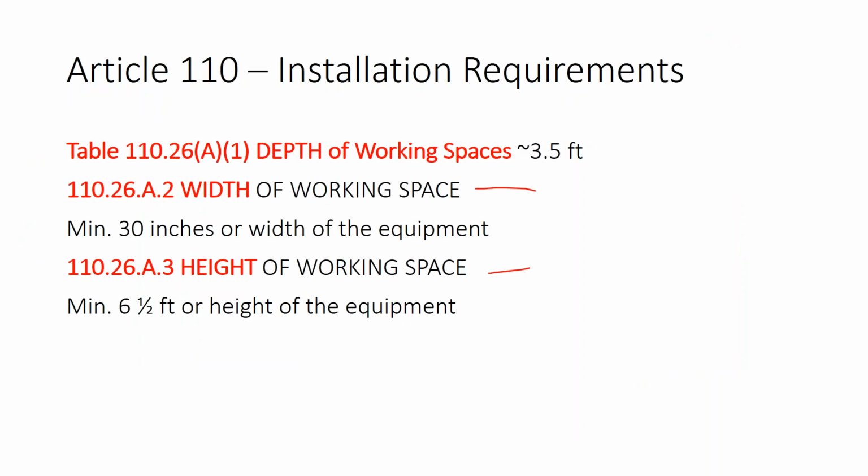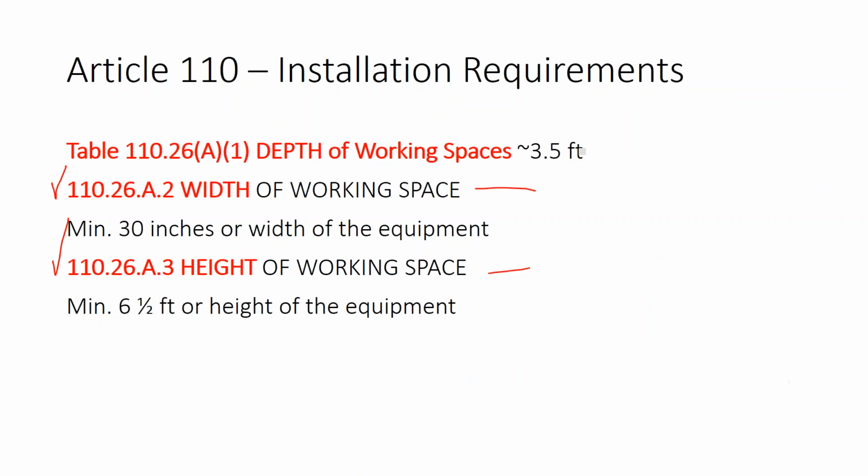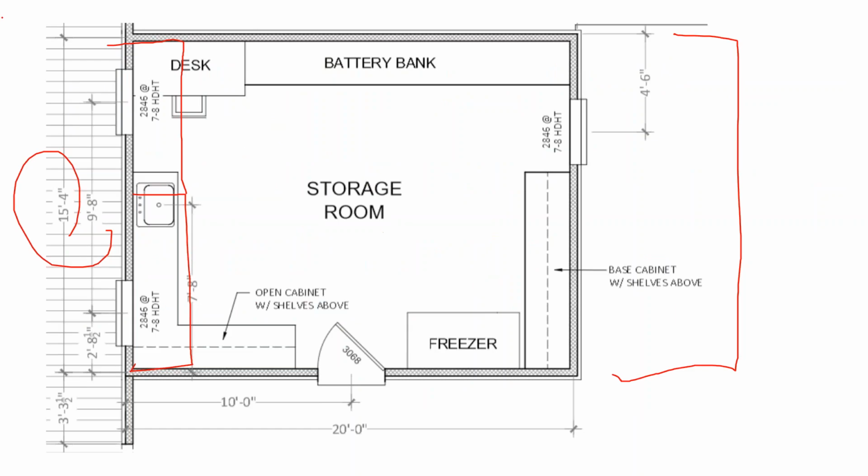We might have gotten our height requirement all right, and based on the interpretations of the width of working space, that might have been okay. Depending on the battery selection and equipment selection, it wouldn't be okay if our batteries were right in the corner of this room, because this side of the battery bank needs to be accessible if it's a battery that requires maintenance, like a lead acid battery.